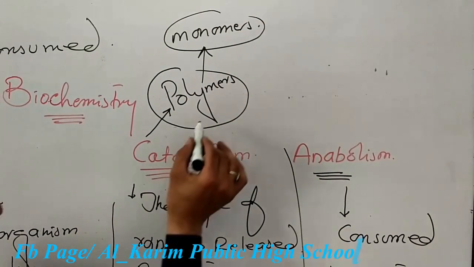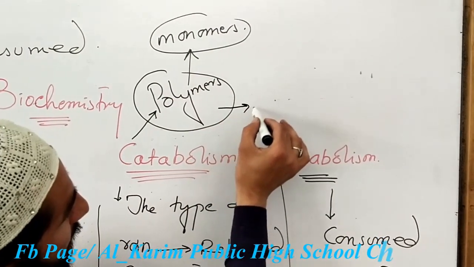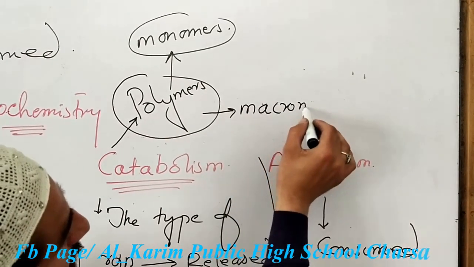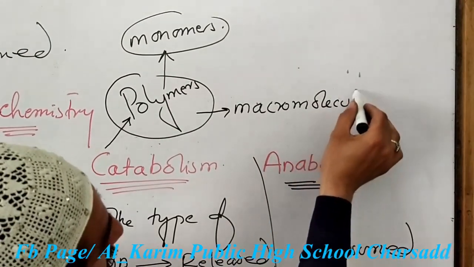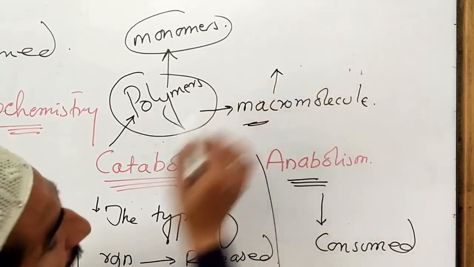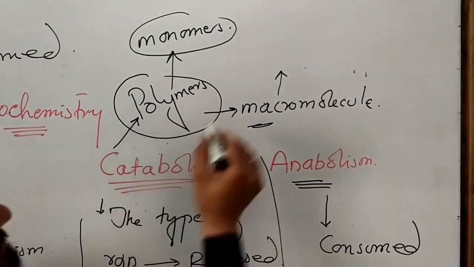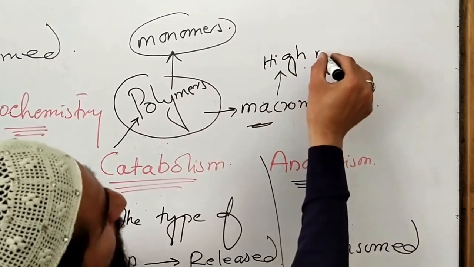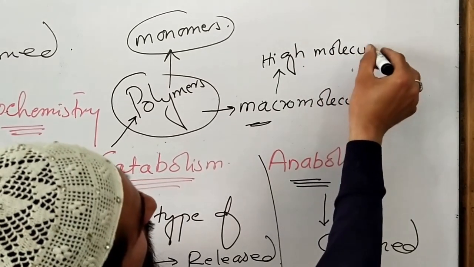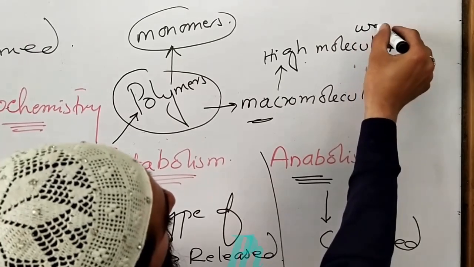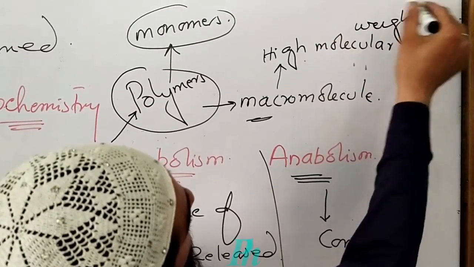All of you know that polymers are also called macromolecules. Molecules having a high molecular weight are known as what?